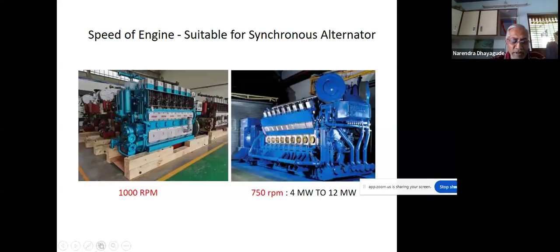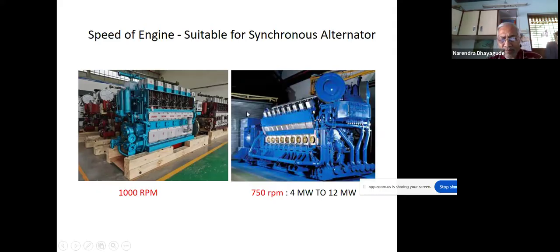In the next slide, you see the RPM is 1000, and what is the size of the engine. Here again the RPM is reduced, and these types of engines range from 4 megawatt to 12 megawatt. So as the speed reduces, the size increases.